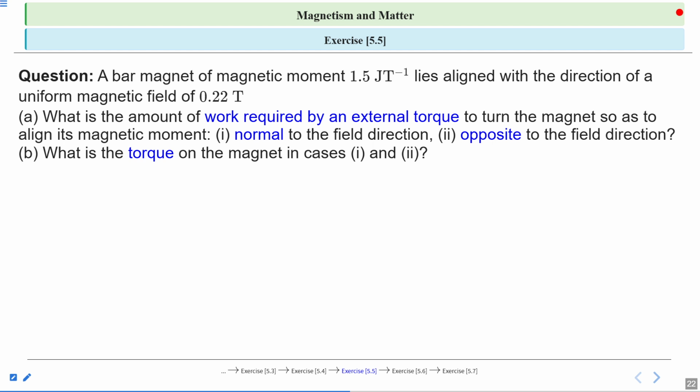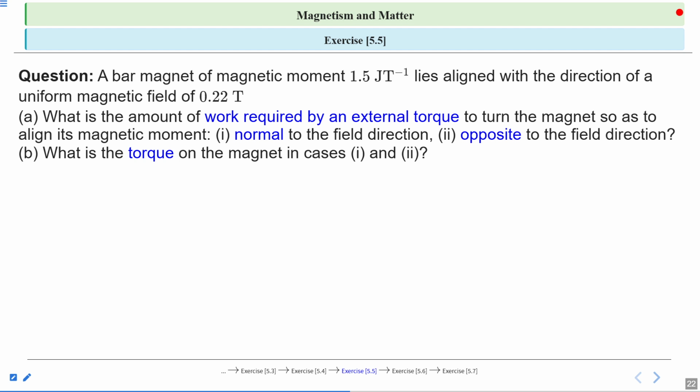Okay, so work required by the external torque. That external torque we are applying against the torque that is being applied due to the magnetic field. So we are doing external work to rotate this magnet from its equilibrium position, first normal to the field direction, or then opposite to the field direction. These are the two cases.